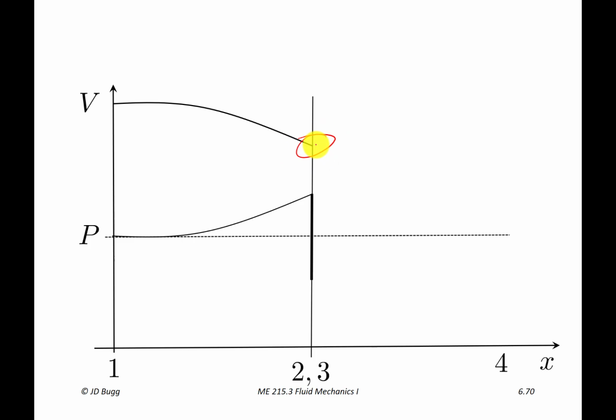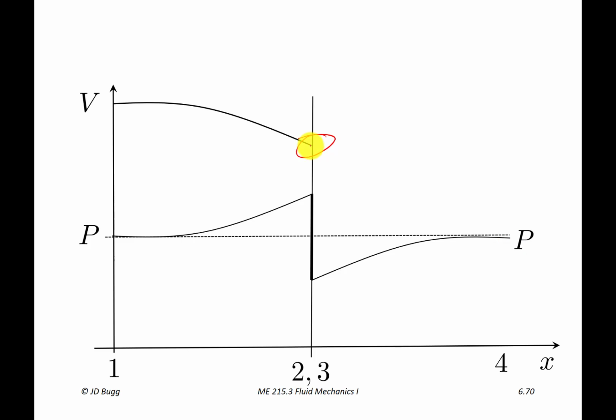So v2 equals v3, but there's been this drop in pressure. Downstream of the rotor plane, the pressure is going to recover back up to atmospheric pressure. So it's below atmospheric pressure here, but as it heads downstream, its pressure is going to recover so that when it gets to 4, it's back to free stream pressure, back to atmospheric pressure.